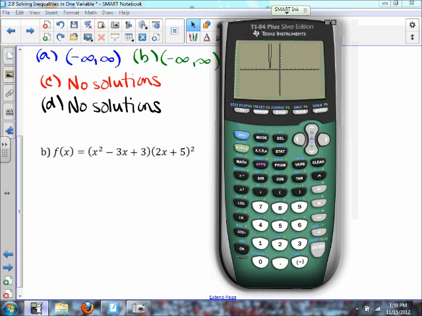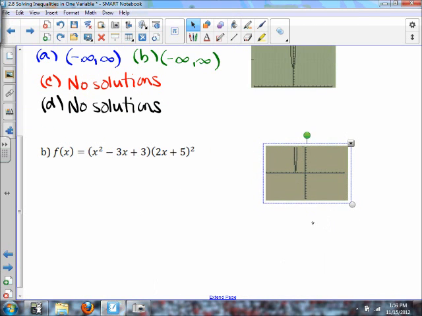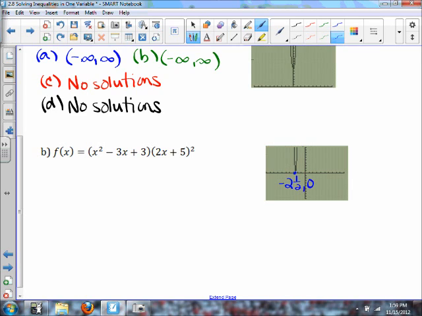What's going to happen? You should see the -5/2, or -2.5, that's going to be your zero.